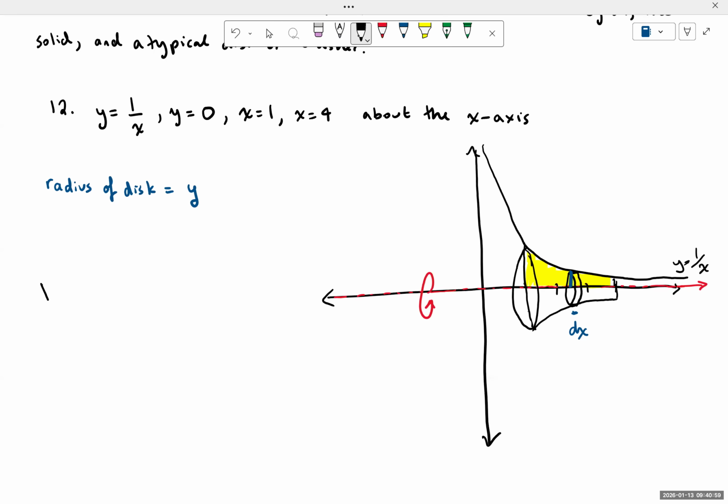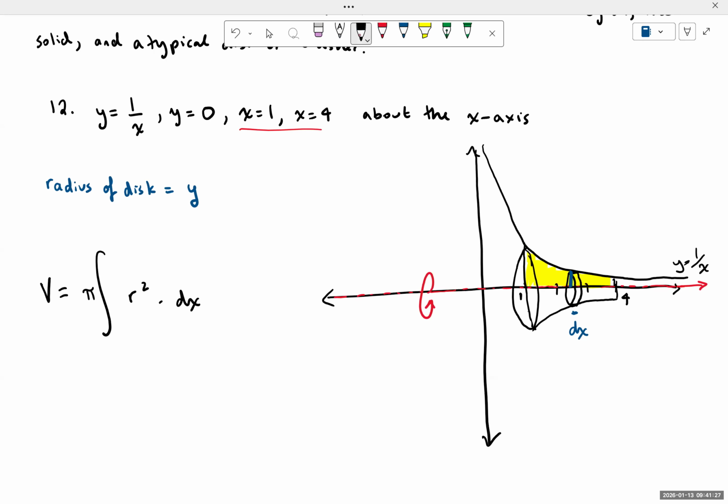Like so, we can see that we're supposed to then integrate. Remember what we're doing is we're integrating these disks. So pi r squared, and then it has a thickness, and the thickness is going to be dx. This problem is not too bad because we started out with the 1 and the 4. They gave that to us. It's here, right? x equals 1, x equals 4 were given as the bounds.